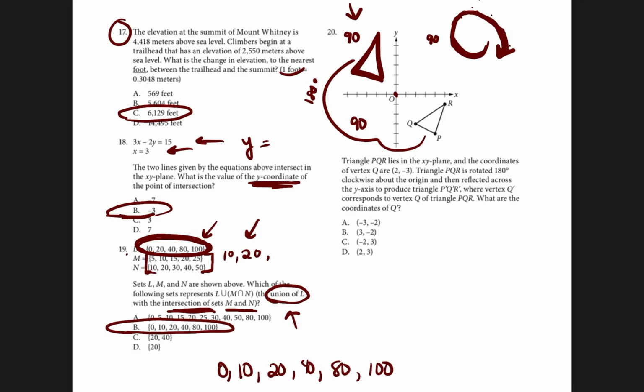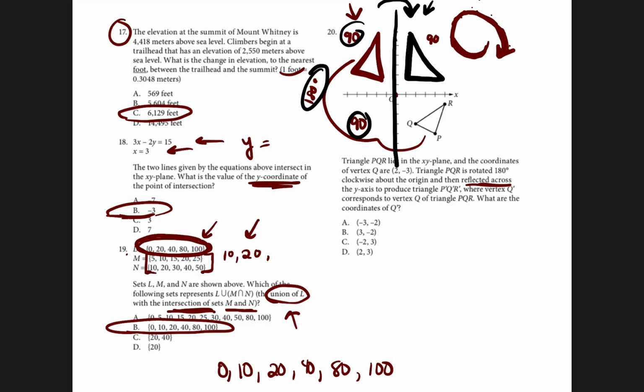And then it says it's reflected across the y-axis. So it's as if we placed a mirror here, and so it would appear on this side. So if it appears on this side, and that's where it ends up after going 90 and 90, which is 180 degrees, and then it gets reflected over to the other side as if you're having a mirror, then the answer would be in this quadrant.